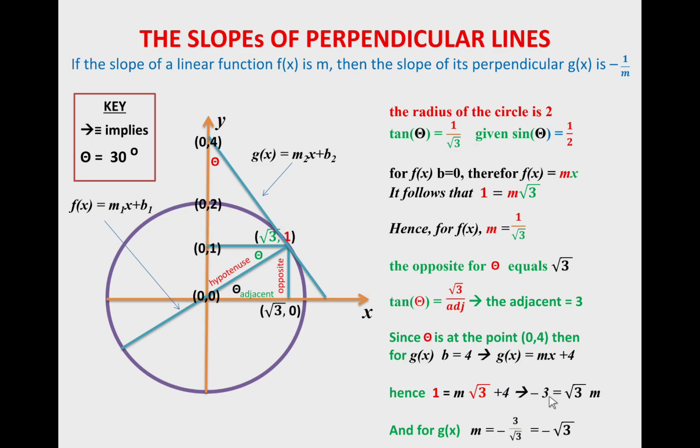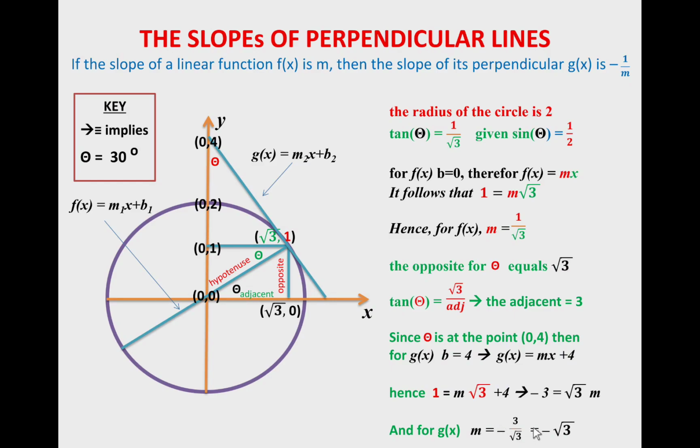The left side is negative 3 divided by square root of 3, and on the right we have square root of 3 multiplied by m, so dividing by square root of 3 we're left with m. So m is equal to negative 3 divided by square root of 3.